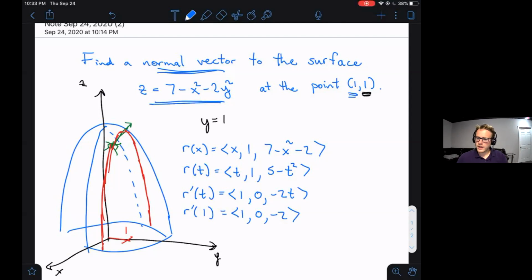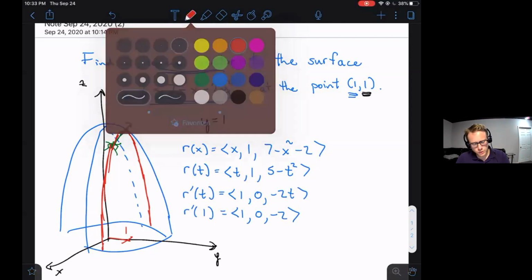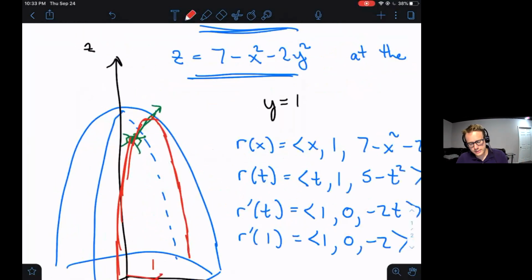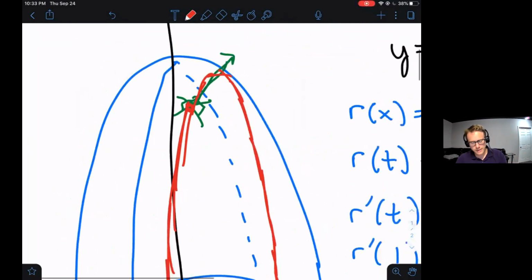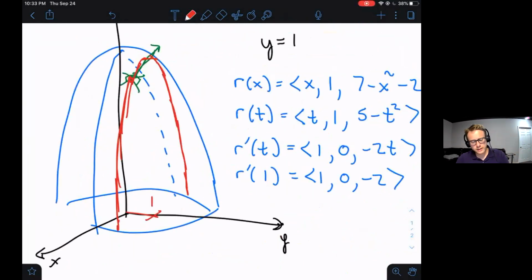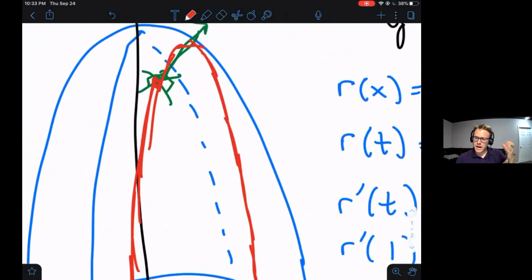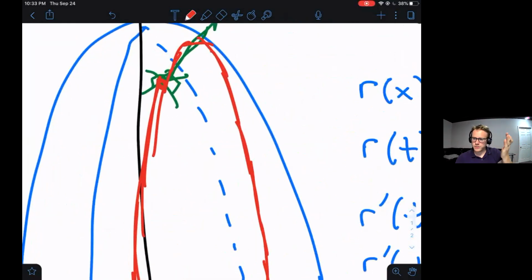So, okay, what have we accomplished here? What this is saying is that if we were to zoom in on this here, and I was standing at this point, the direction vector would be 1 in the x direction. So again, remember x is coming out of the page. So 1 is coming out of the page. We're not moving at all in the y direction, which makes a lot of sense because y is fixed. And we need to move 2 down.